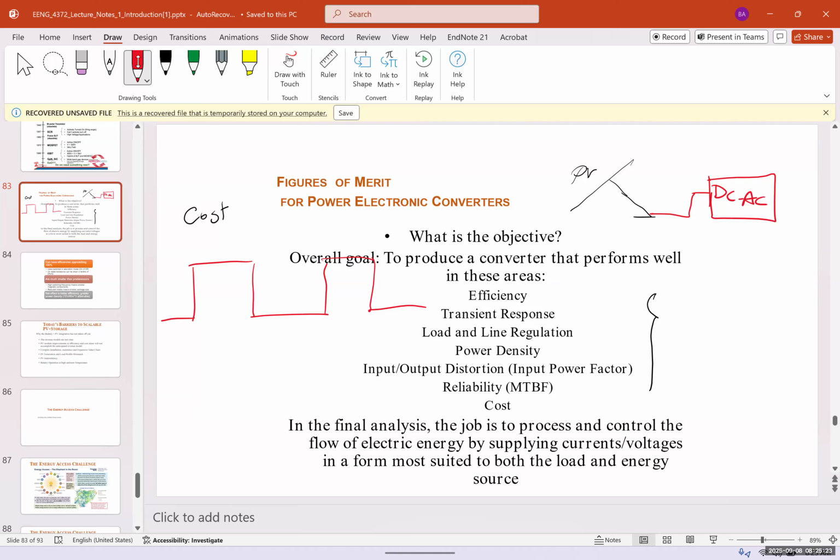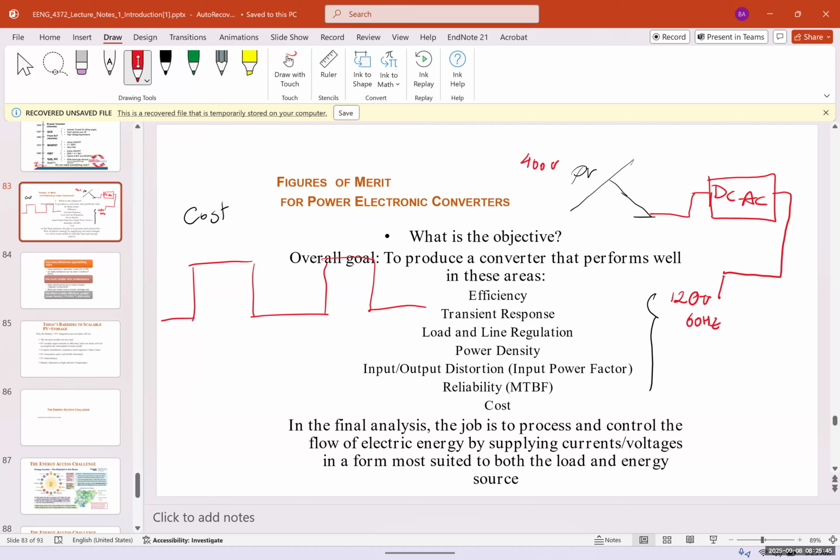Now, if I want to use this at home for a home application, it's pretty straightforward. Imagine I have a 400 volt system. The only thing that I need to do is to convert DC to AC and the voltage to 120 volts, 60 hertz.